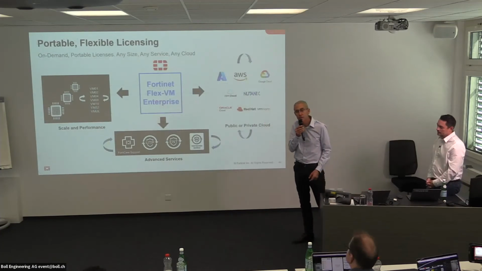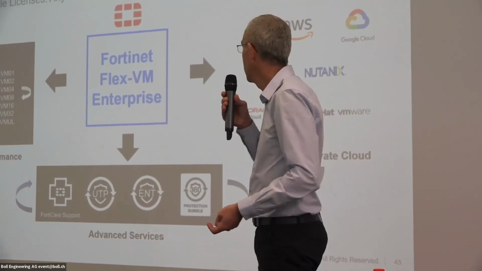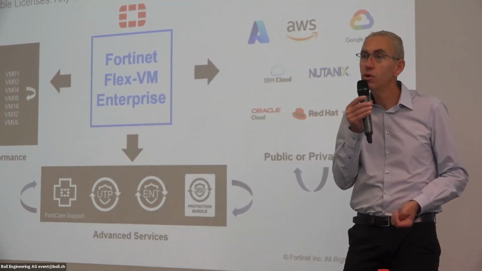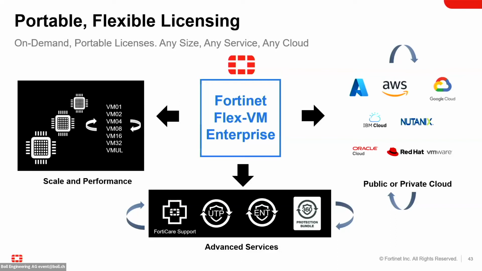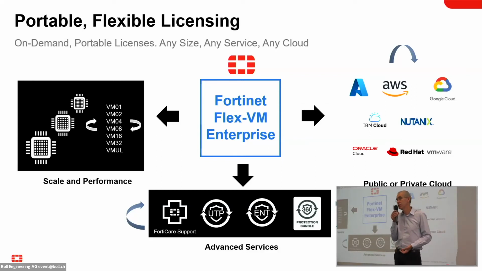Last but not least, licensing. I talked to you about flexible licensing. We have created a FlexVM program so that your customers are not forced to have static licensing. It is pay per use on a daily basis of usage.